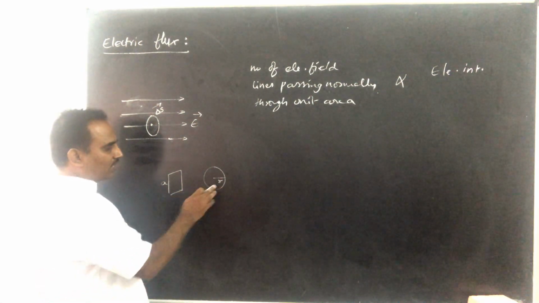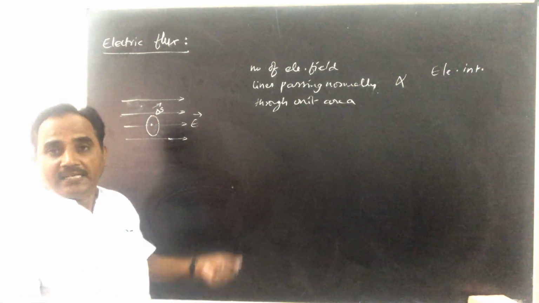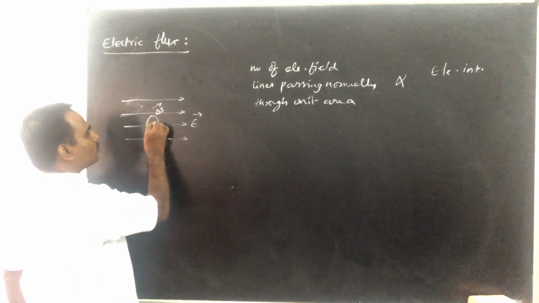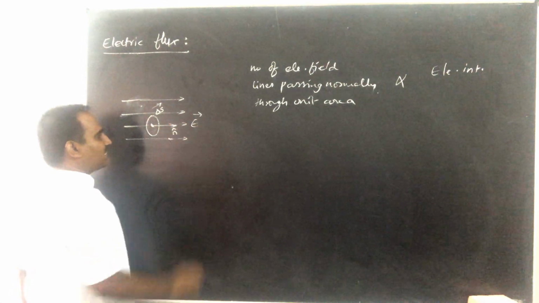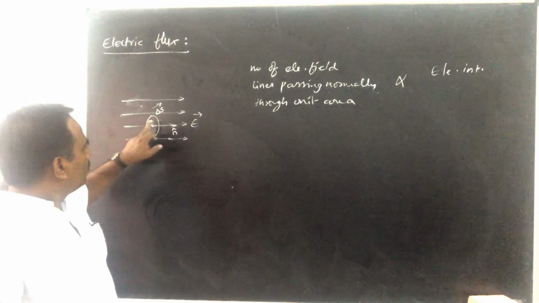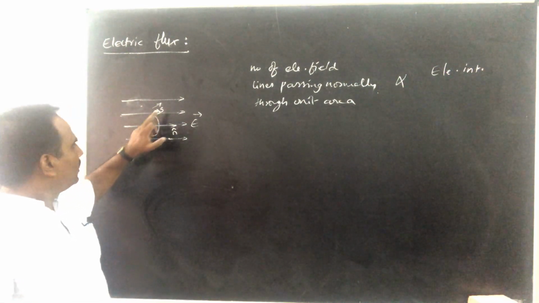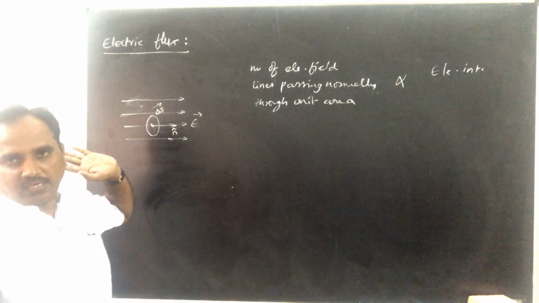So this a square or this pi r square gives the magnitude of area. The direction of this area vector is always normal to this area, like this, represented as n cap. So a small element of area is a vector. The direction of this area vector is normal to this area.